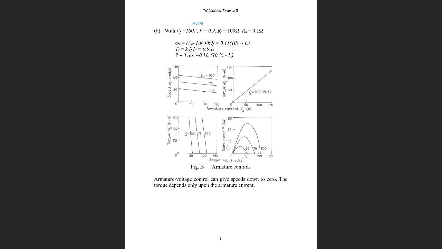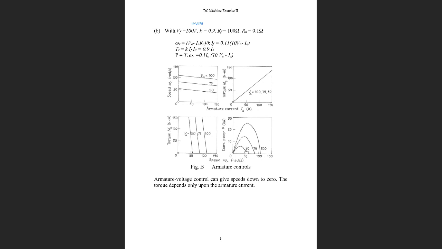However, the level of maximum power that can be developed strongly depends on the armature voltage applied. So it is the armature voltage that determines the maximum power of the motor. If the armature voltage is 0, the motor has 0 power developed.